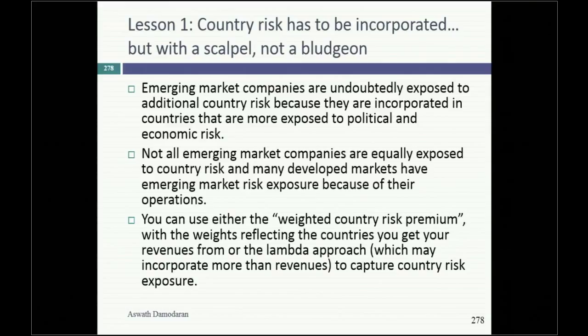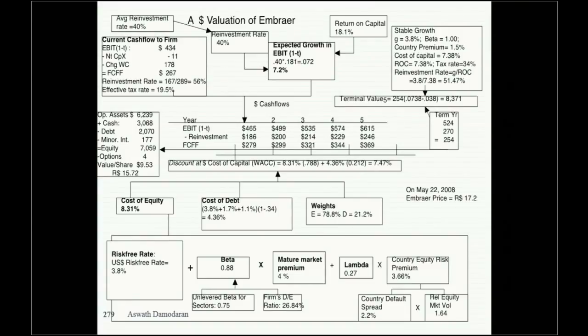Because if its stock price is being pummeled because Brazil is in trouble, it might be getting pummeled for the wrong reason. It's not a conventional Brazilian company. And the way I captured country risk was through the lambda. I don't know whether you remember the lambda, but I looked at how Embraer's stock price moved with the C-bond, which is a measure of how much risk there was in the country.